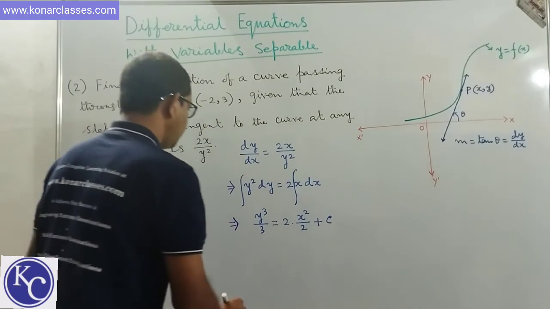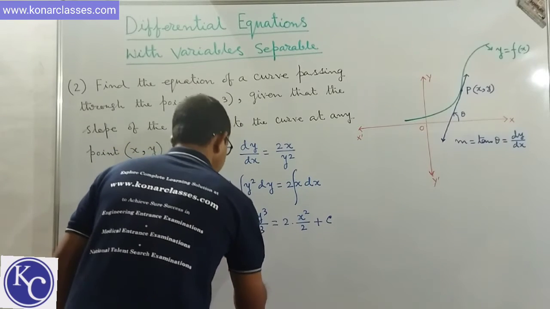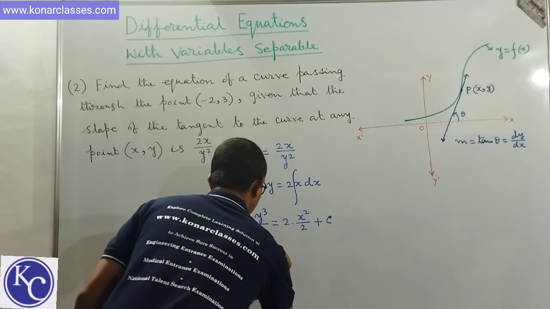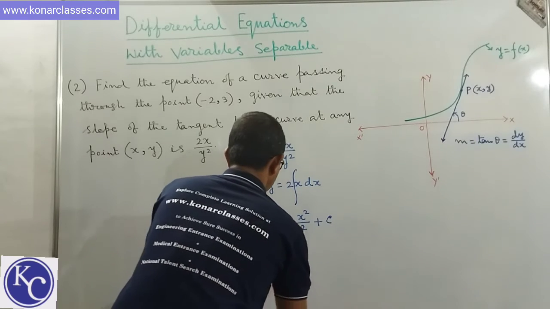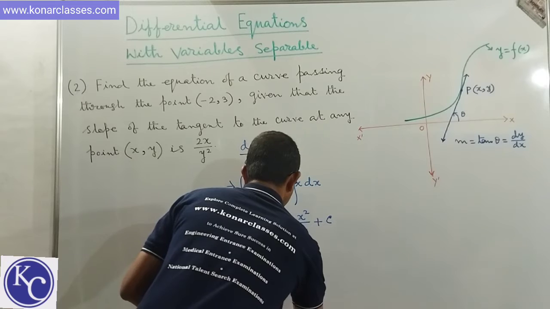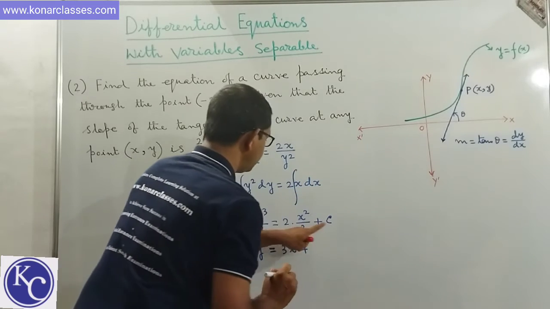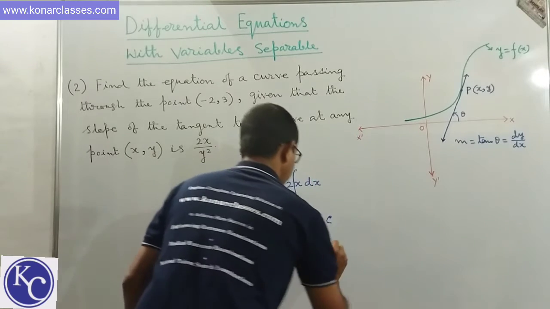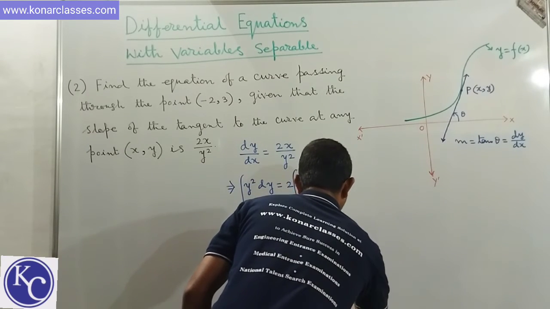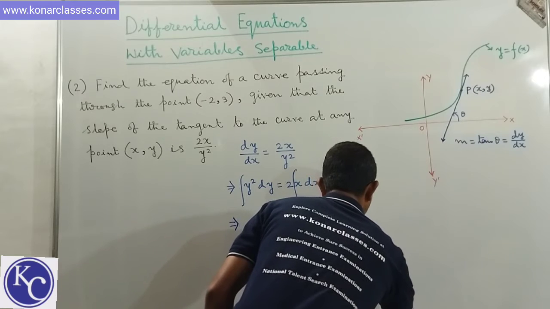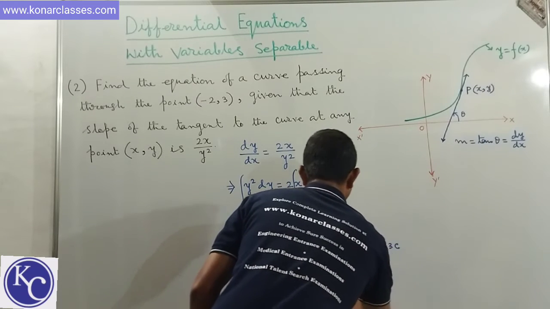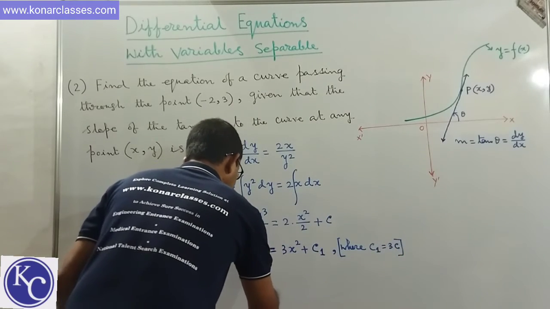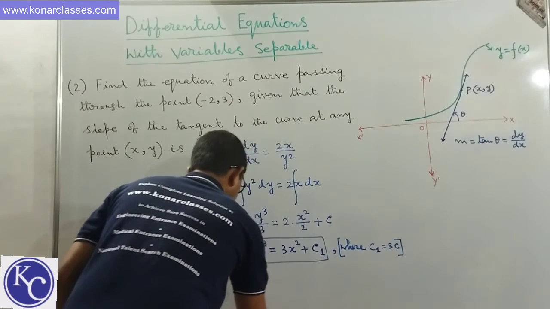So from here we get that y cube is equal to 3x square plus 3c. 3c we can make another arbitrary constant c1, where c1 is equal to 3c. So by the way, this is the general solution to the given differential equation.